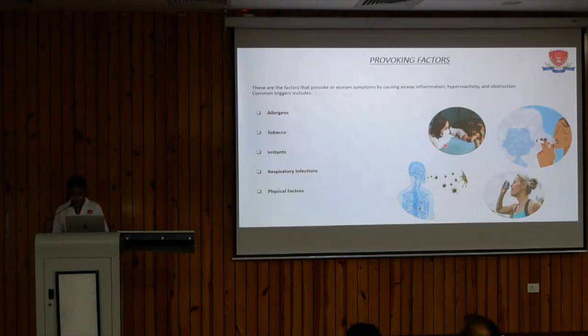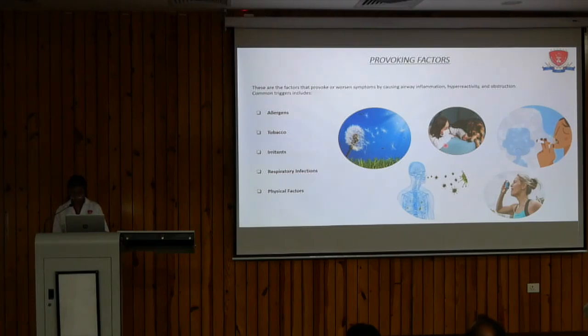Respiratory infections like common cold, flu, and bacterial infections including Mycoplasma pneumoniae and human rhinovirus can exacerbate symptoms. Physical factors responsible are exercise-induced asthma, especially in cold or dry air. Emotional factors like stress, anxiety, or intense emotions can trigger symptoms.